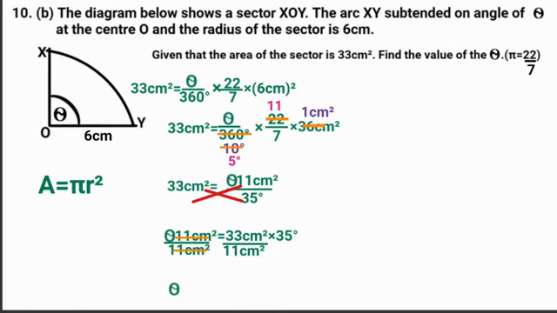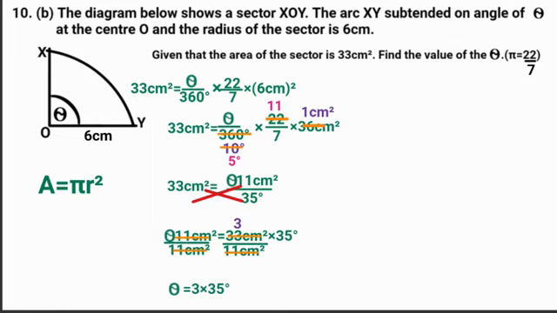Here again, you need to identify the reason I did not multiply 33 by 35 directly: I knew that 11 and 33 have a common factor, which is 11 itself. So 33 centimeter squared divided by 11 gives 3, and 11 divided by 11 is 1. After that I'm going to divide 3 by 1, which gives me 3. Then 3 times 35 is what I will write.